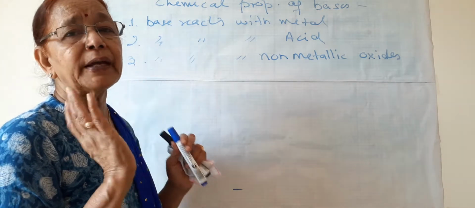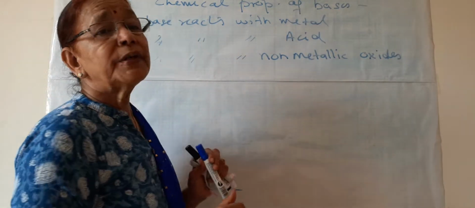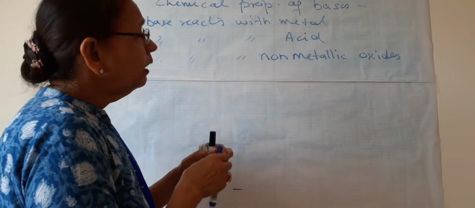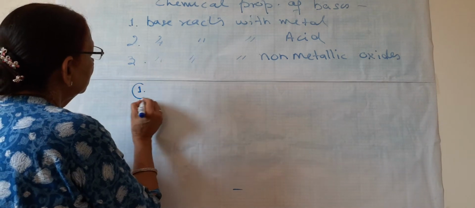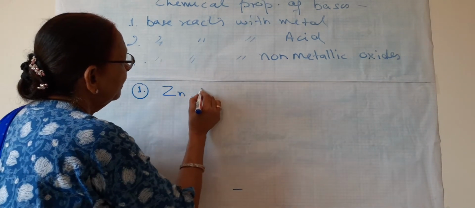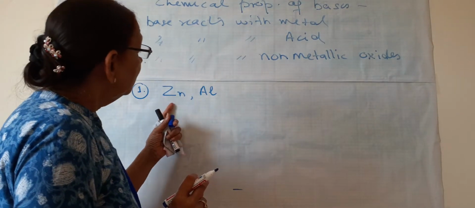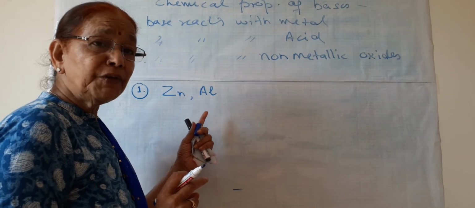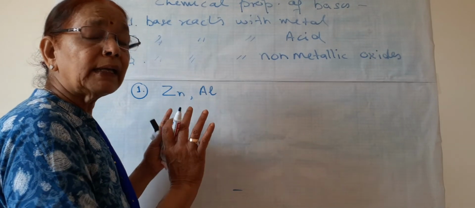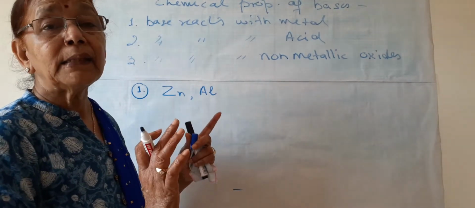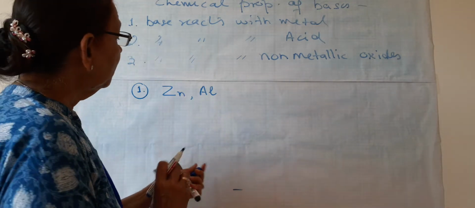All the metals can react with acids, but very few metals react with bases, and we will take only zinc and aluminium. They react with bases, and the radical which is formed is not Zn and Al. They are not on the cation side. They form an anion. The minus radical is formed when bases react with zinc or aluminium.